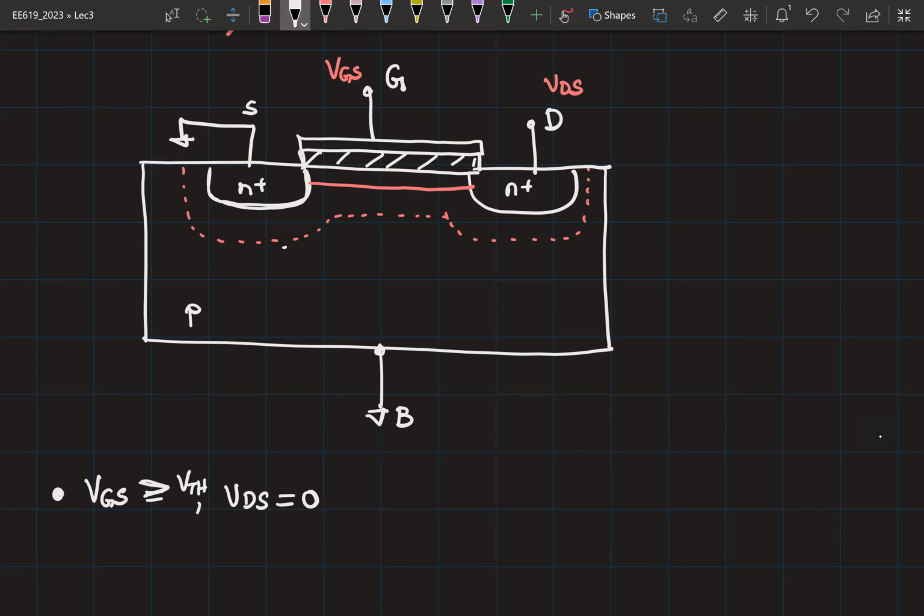Now, as I increase my VDS, what do you expect to see? One change you will see is that the depletion region around the drain is going to increase. What else? What will happen to the channel? Channel will start to taper off.